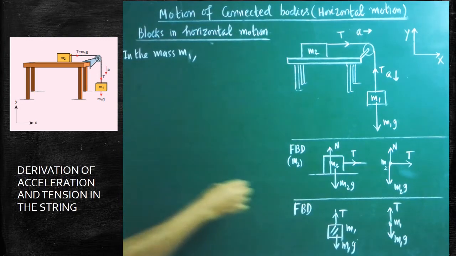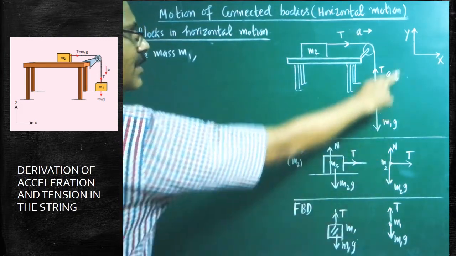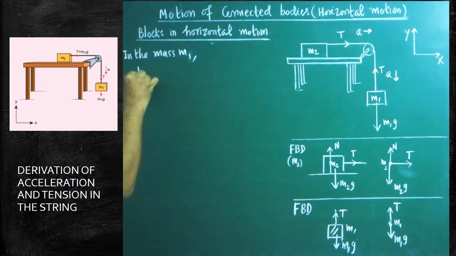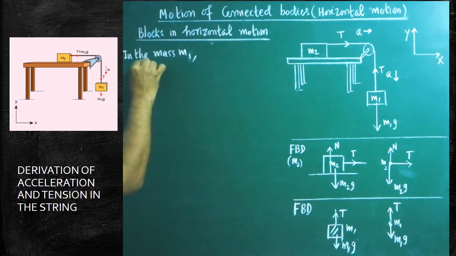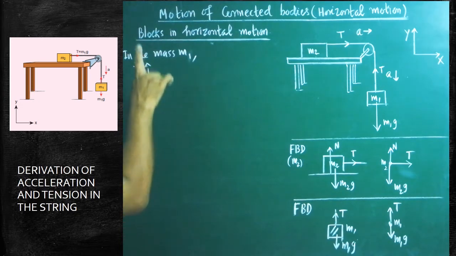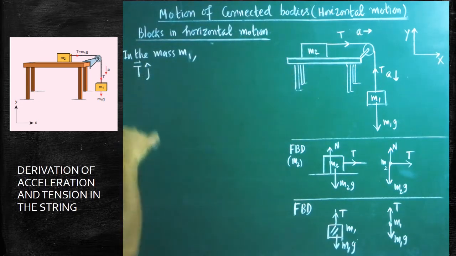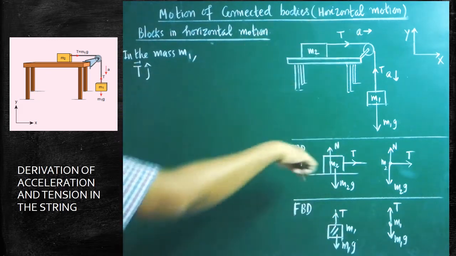Are you clear? Tension is acting in the positive y direction. For everything, we have to refer to the coordinate system. Therefore, the tension vector must be written as T j cap, in the upward direction, the positive y direction. M1G is acting in the negative y direction.